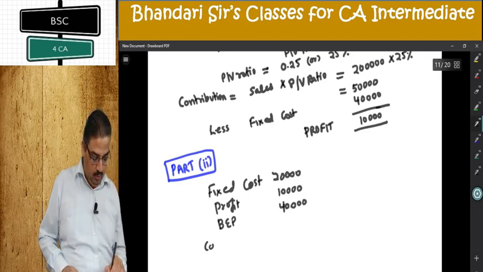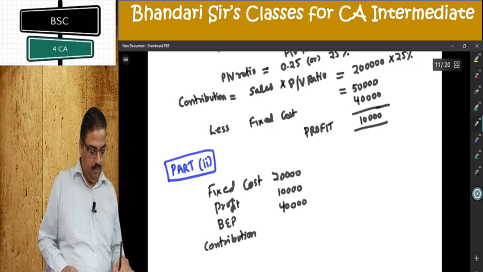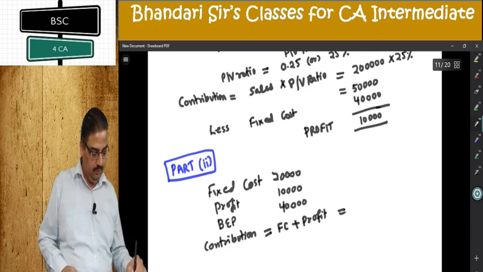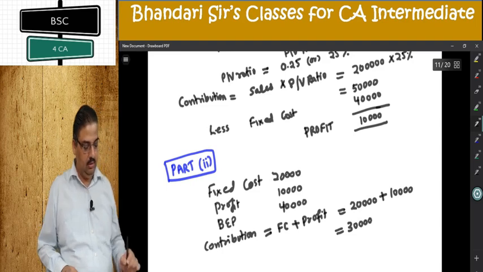Now contribution is equal to fixed cost plus profit, 20,000 plus 10,000. 30,000 is contribution.